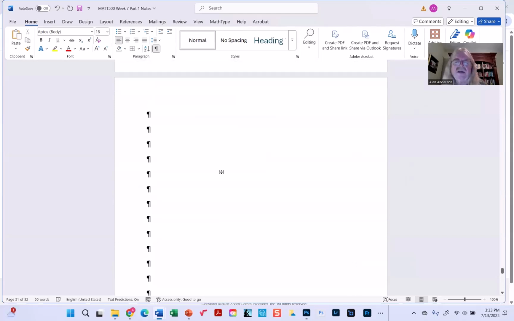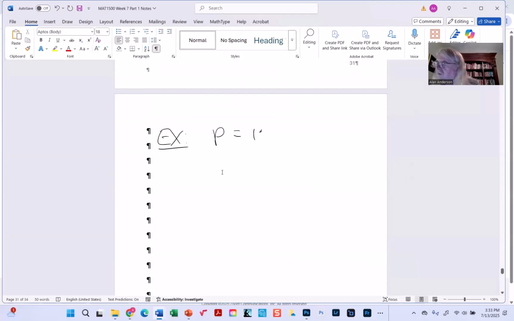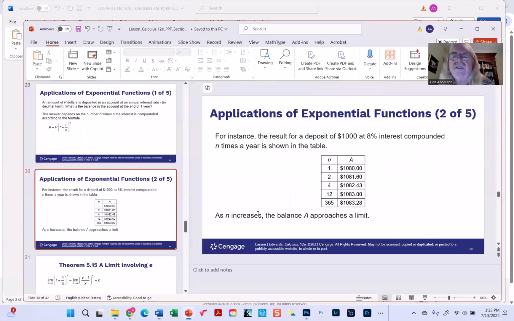That's how much we put in the bank now. And they're telling us that the interest is 8%. Now it appears they didn't explicitly say so, so it looks like this is for 1 year. They really should have mentioned that, but they did not.